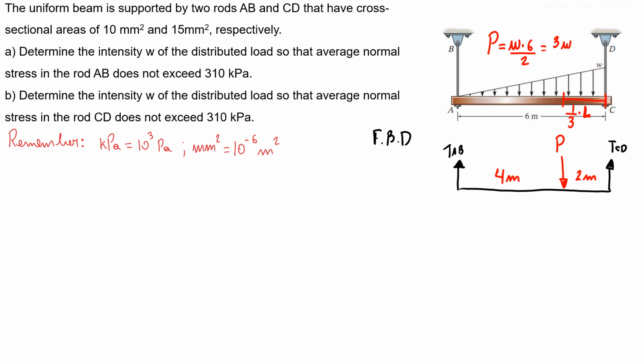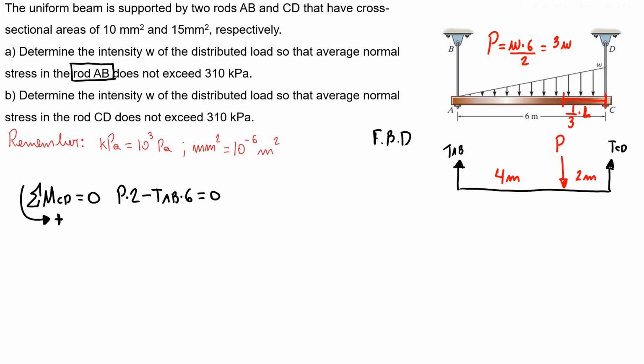Now I'll proceed with my sum of moments around CD, counterclockwise is positive. Why am I doing the sum of moments around CD? Because I'm just interested in the rod AB. P is doing a counterclockwise moment, so P times 2 meters, and my AB is doing a clockwise moment, so minus TAB times 6 equals 0.